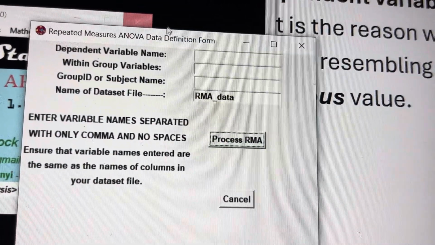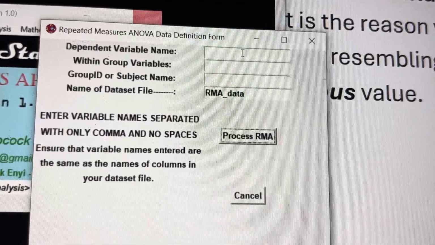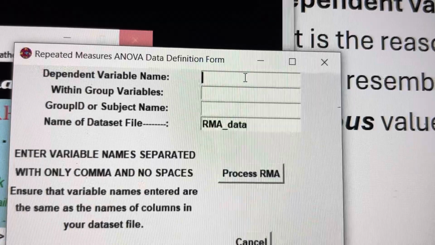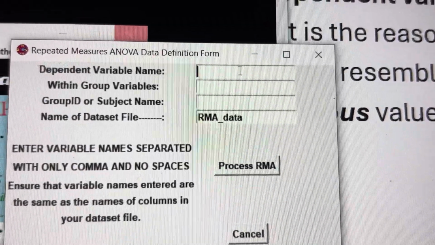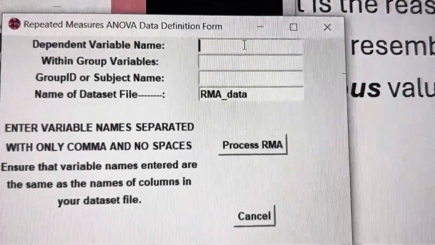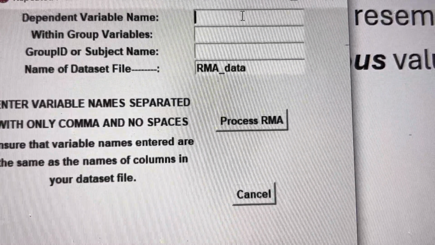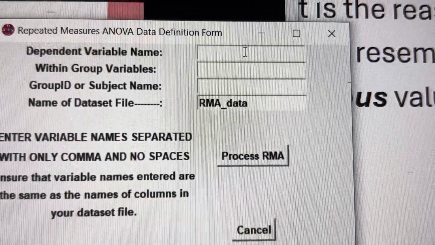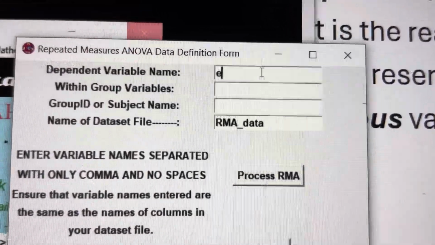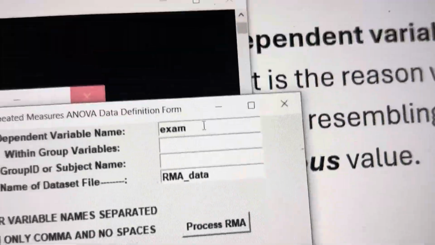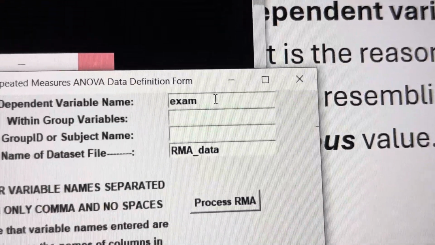Yeah, so it's out, so we go again, and this time around, the dependent variable is exam. That's what we use to set up the dependent variable.